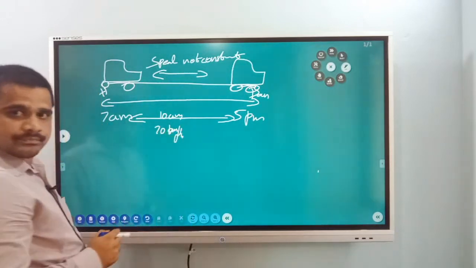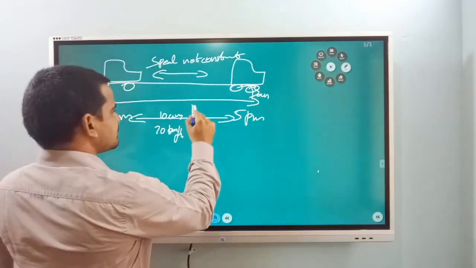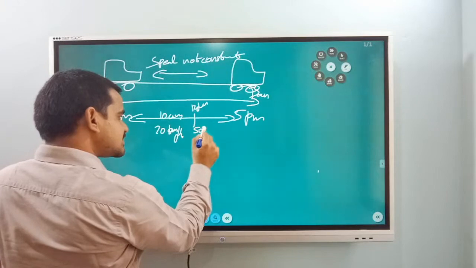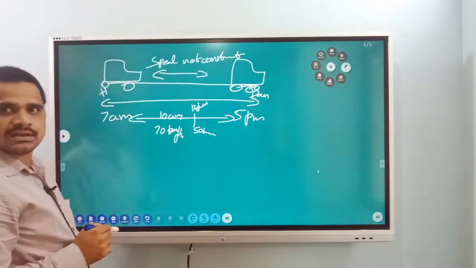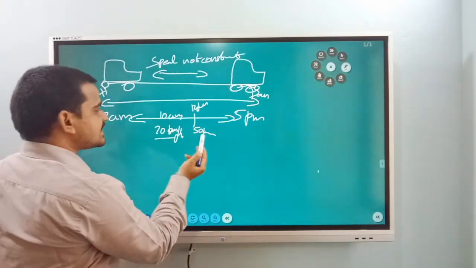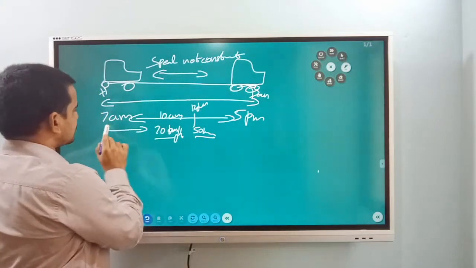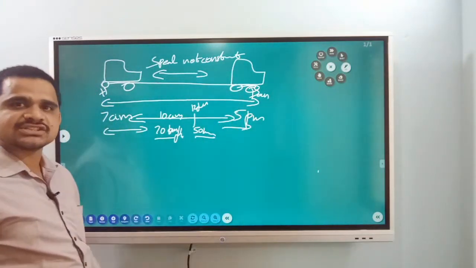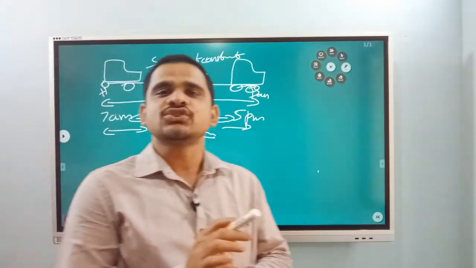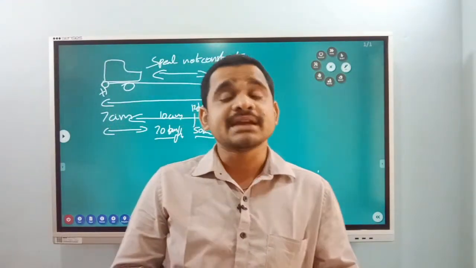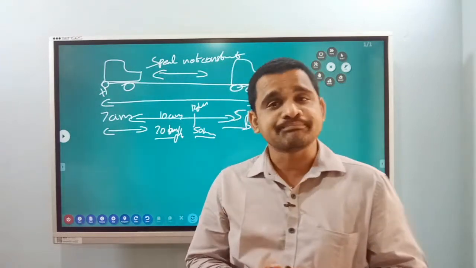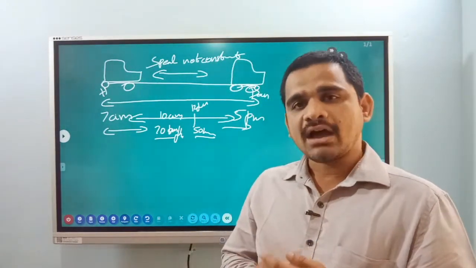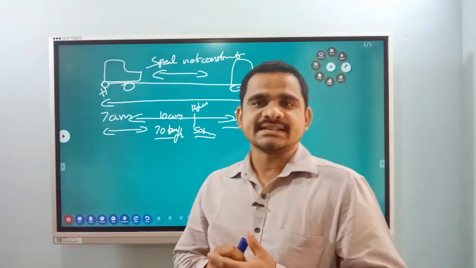At 12 p.m. your speed may be 50 kilometers per hour. Means your speed is not constant throughout the journey, from the starting point to the destination. So I can simply say that at a particular time, you will have some speed intensity. Got it here?